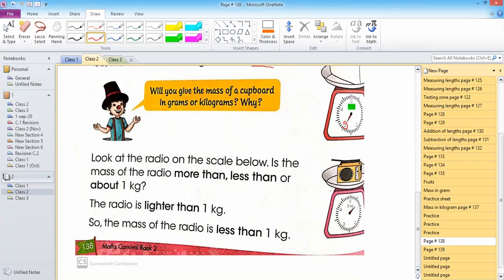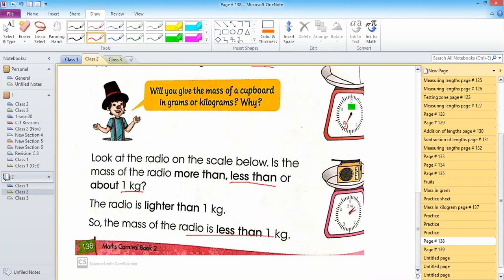That means it is less than 1 kg. It is not exactly at 1 kg. If this needle reached up to 1, you would say, sir, it is 1 kg. But it is before 1, that means it is less than 1 kg. So you will say, sir, the mass of the radio is less than 1 kg.